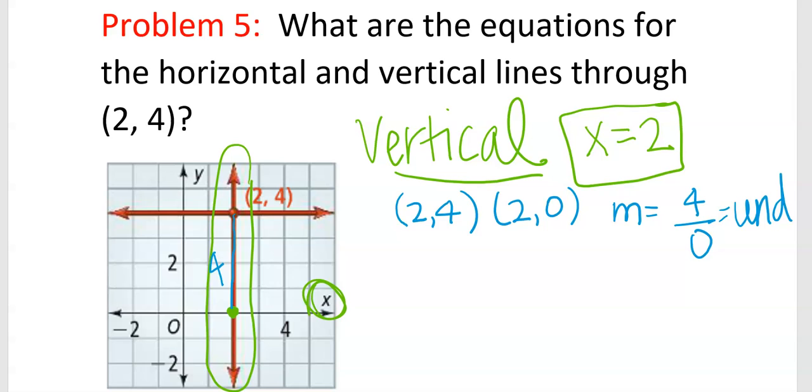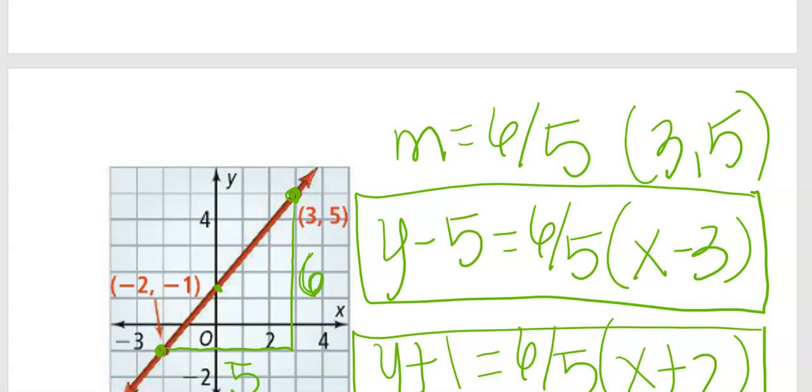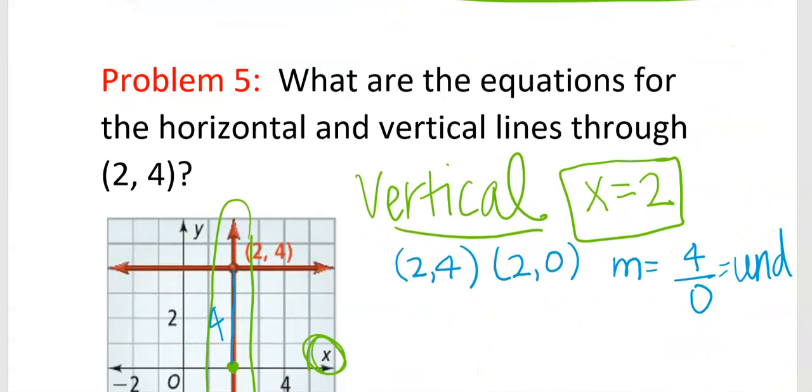So you can't even actually have that in the equation. So what you're looking at is you would then have to come up with an equation that doesn't have an x in it, right? We were just using point slope. Okay.